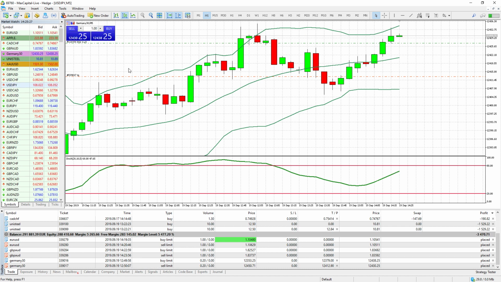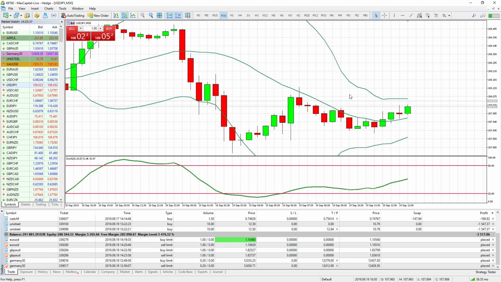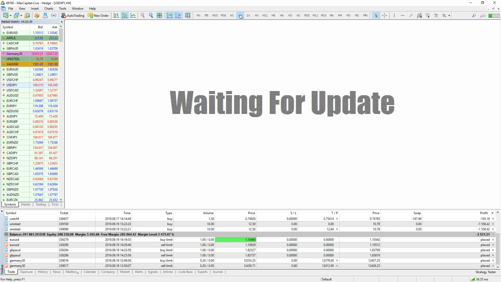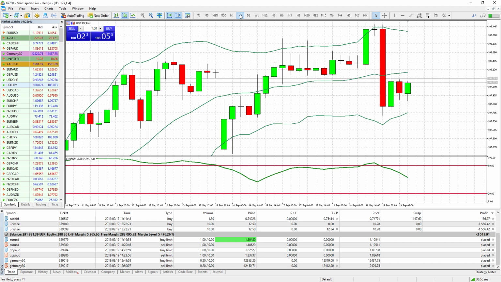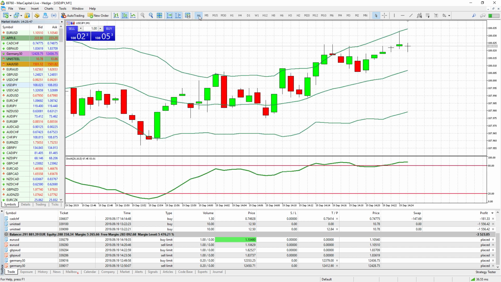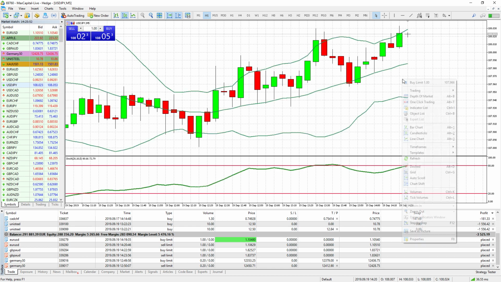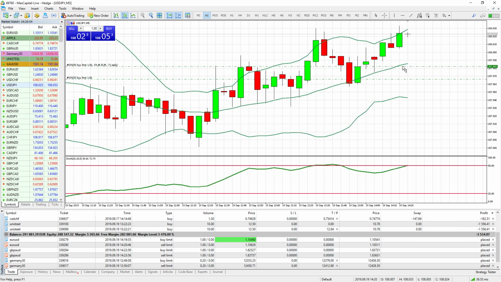Let us move on and check what is right now with the USD JPY. Let us switch to 30 minutes, going up. Okay, the same: a good option to use the buy limit. Buy limit here.